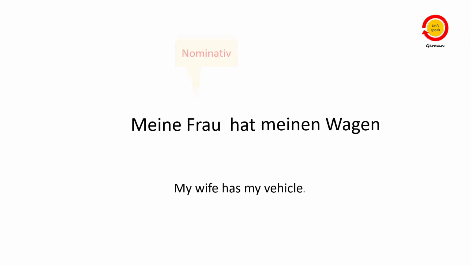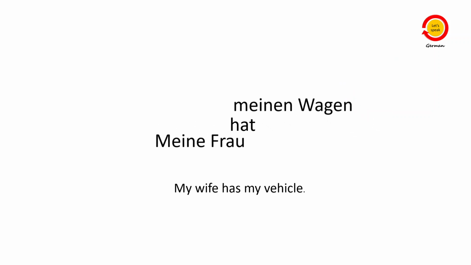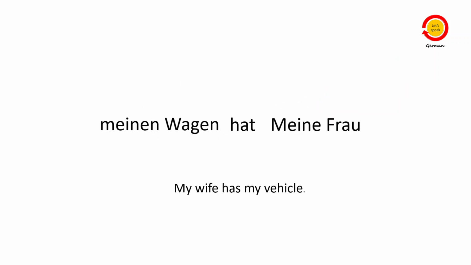Here, Frau is the nominative noun indicating the subject in the sentence, and Wagen is the accusative noun which indicates the direct object onto which the action is taking place. The best part is, unlike in English, we can interchange the position of both the nouns along with their respective articles in German, and the sentence still takes the same meaning.